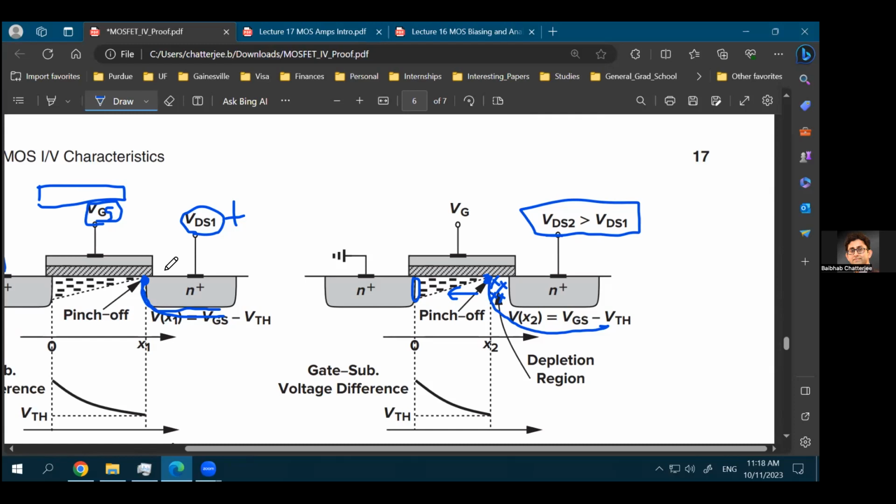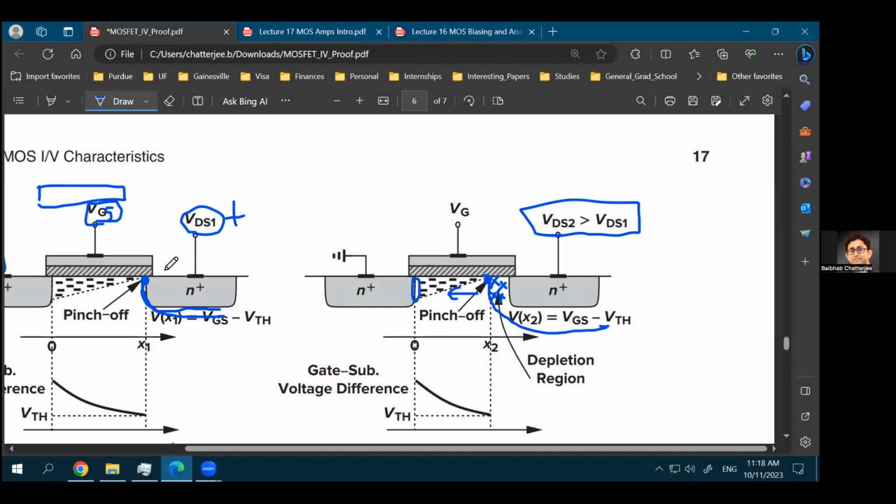That's the first concept we started. The voltage in the channel will be VGS minus VT near the source, but then it will start reducing. Just like you have a triangular channel, you will have a triangular gradient in the voltage. So you had VGS minus VT minus V of x, right? If x is this direction. So that's the voltage in the channel.